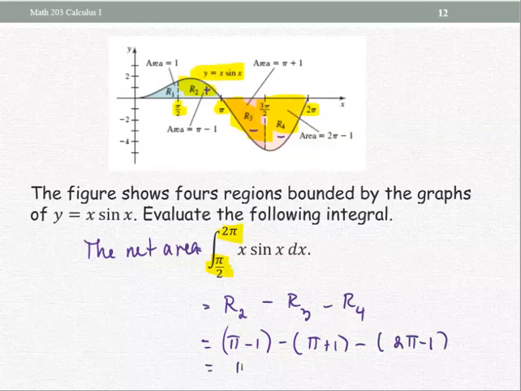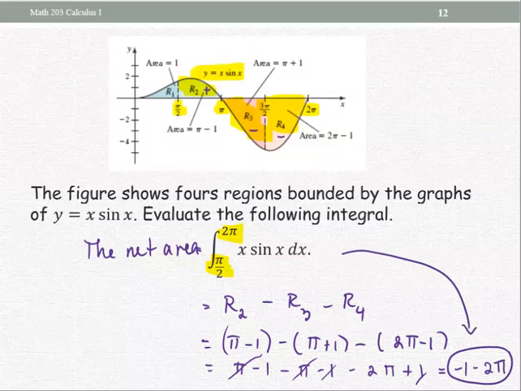And then simplify it to be pi minus 1 minus pi minus 1 minus 2 pi plus 1. Cancel some terms. So we get the net area as negative 1 minus 2 pi, as the definite integral from pi over 2 to 2 pi of the function x sine x with respect to x.